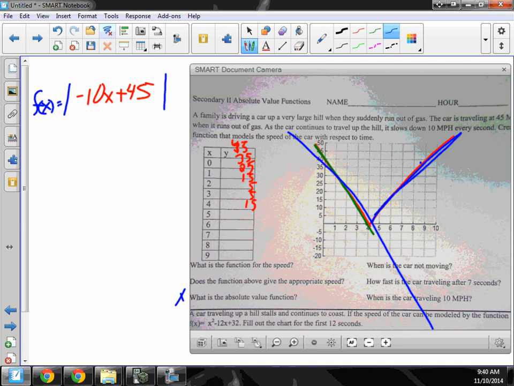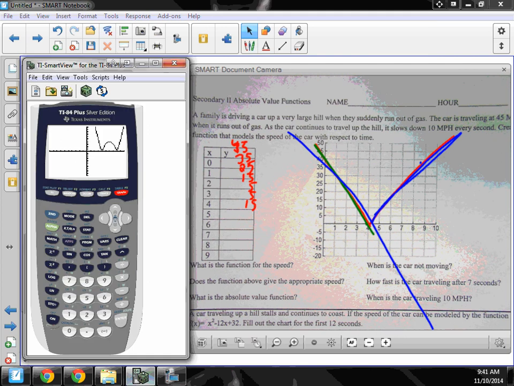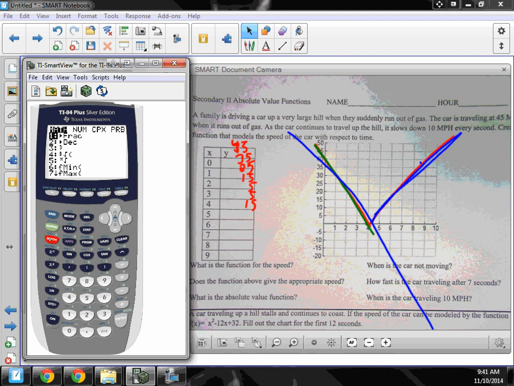So let me show you on your calculator. So if I graph negative 10x plus 32, or no, 45, right? Here's the graph. Now my window's a little bit different, but I could change my window. Now, if I want to graph the absolute value, I'm going to clear this out. So everybody push math, go over to number, where it says ABS.